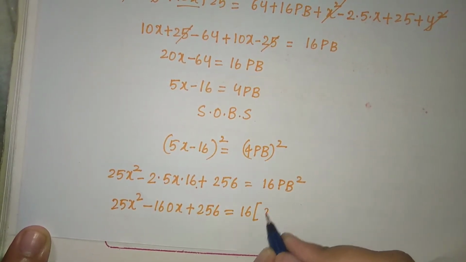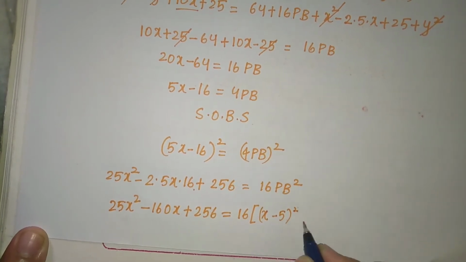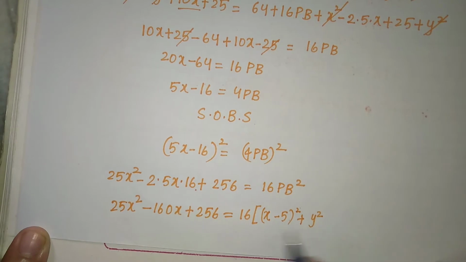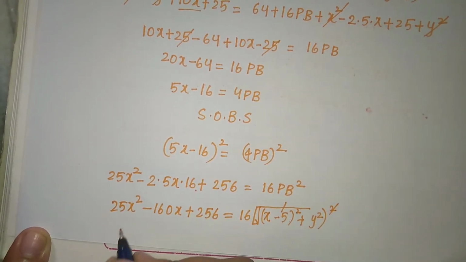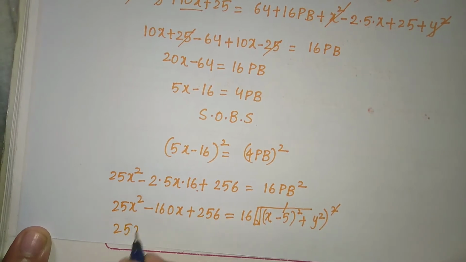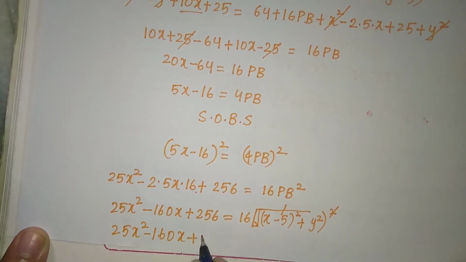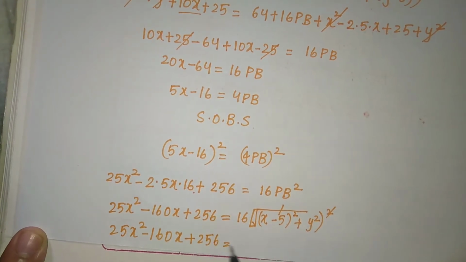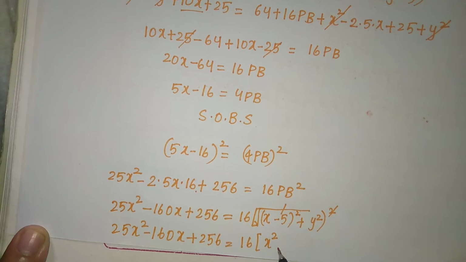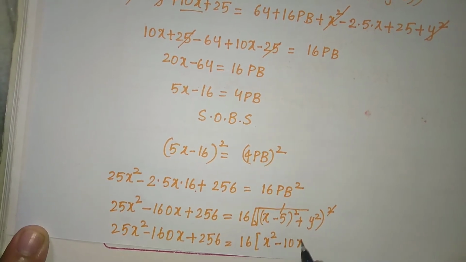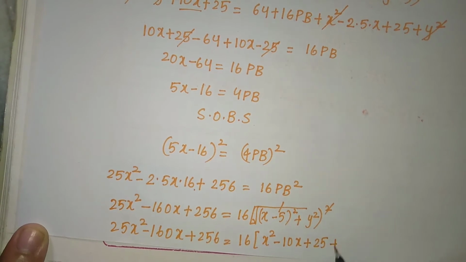PB we have already solved once: x minus 5 whole square plus y square under root, and the square will get cancelled. So we have 25x square minus 160x plus 256 is equal to 16 into x square minus 10x plus 25 plus y square.